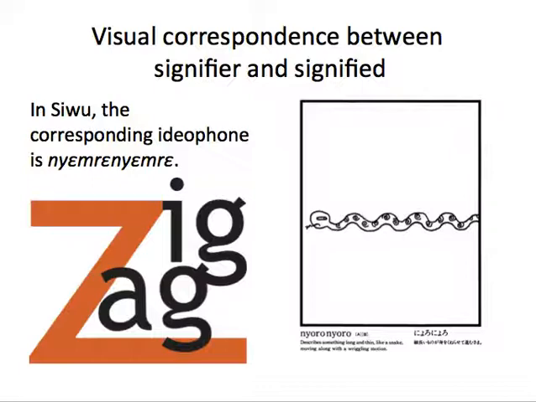So here's a word in Siwu, and I'm not going to pronounce it. This is an example of what we call, and this is a larger term to describe these motivated signs, these signs that have a close relationship between the form and what they're referring to, ideophones. Okay, so you can see there the relationship between this word referring to snake in Siwu and the actual concept of a snake.